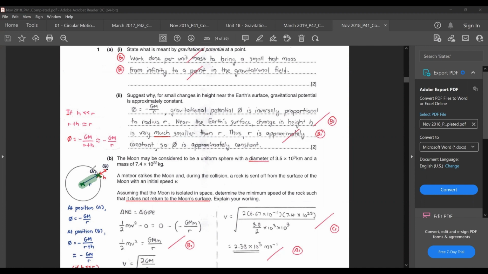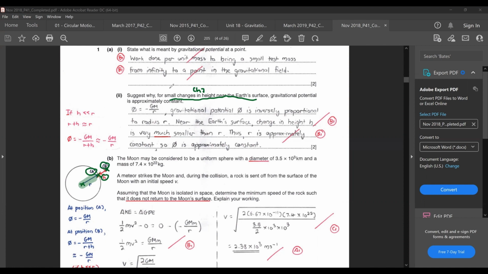So let's call this position A. Now, if we have small changes in height near the Earth's surface, that would mean that we have to go a short distance of h. So let's just say that we go a short distance above the surface of the planet, a distance of h. We now end up with point B.